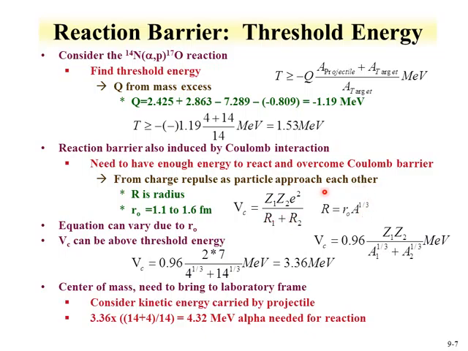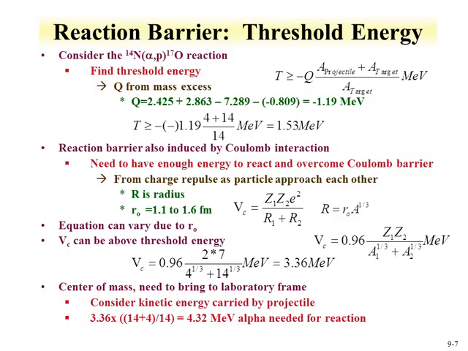If we use this equation for the radii, where nuclear radii can be approximated with a constant times A to the 1/3, we can substitute this equation and show a Coulomb barrier, which is just a relationship of a constant, the Z of the projectile, Z of the target, the A of the projectile, and the A of the target.